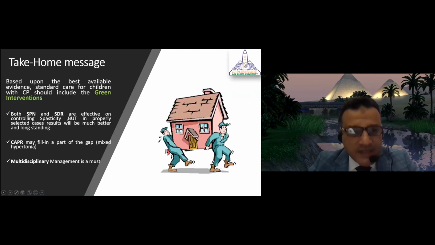Based upon the best available evidence, standard care for children with cerebral palsy should include the green interventions. Both selective peripheral neurotomy and selective dorsal rhizotomy are effective on controlling spasticity, but in properly selected cases, results will be much better and long-standing. Combined rhizotomy may fill in part of the gap for cases with mixed form of hypertonia, and always multidisciplinary management is a must.